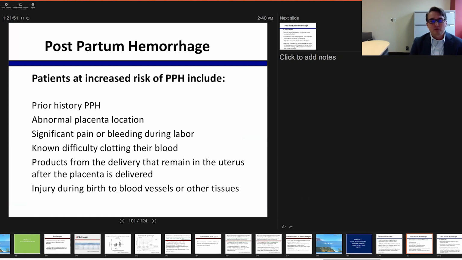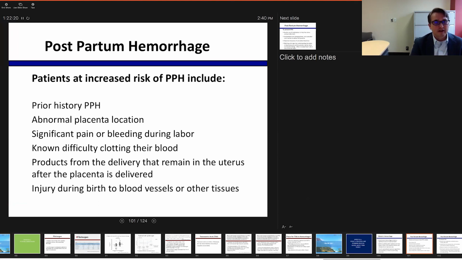Patients at risk for postpartum hemorrhage, I just wanted to take a minute to review that so you know what you're looking for. Anyone who's had a prior history of hemorrhage around the time of labor and delivery, or if they have an abnormal location of the placenta, meaning it's over the os or the opening of the uterus where the child's going to be born and the child would go through the placenta as it's being delivered, have a very high likelihood of major hemorrhage.